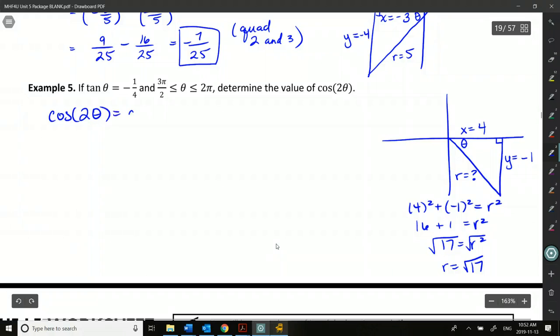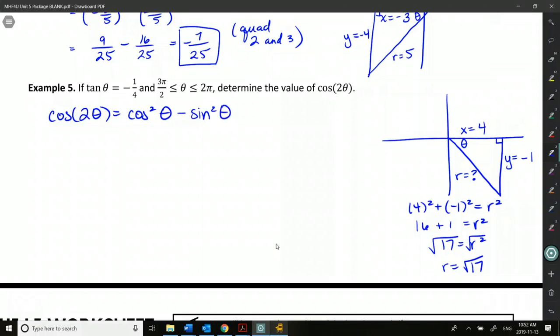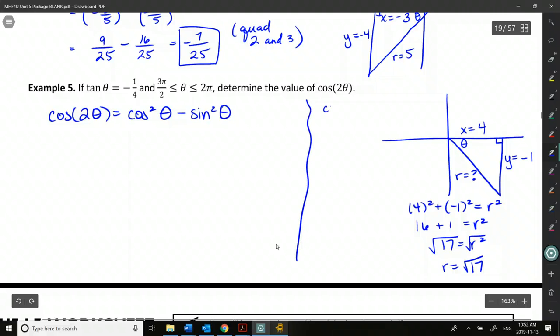So if cos of 2 theta is equal to the identity cos squared theta minus sine squared theta, I first need to know, in order to solve that, what cos theta is equal to and what sine theta is equal to. Can someone help us with those?